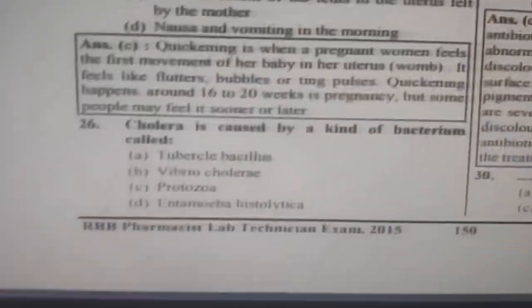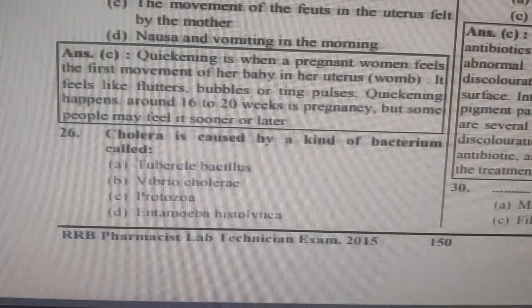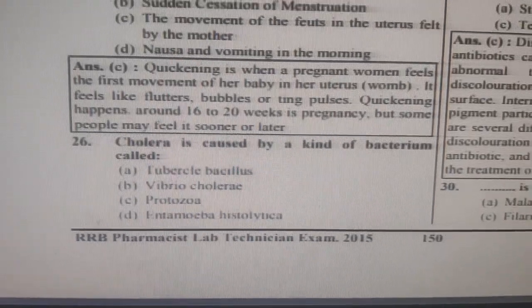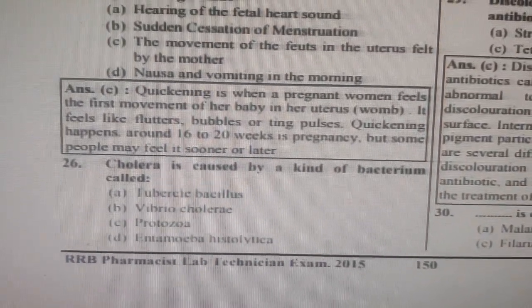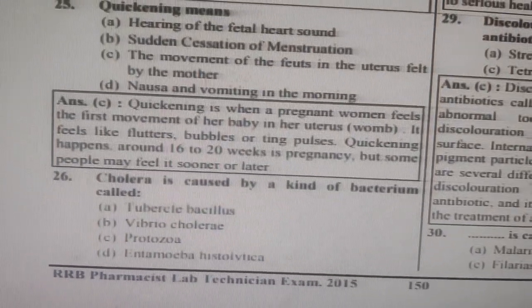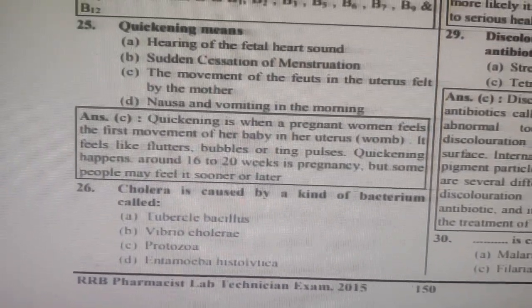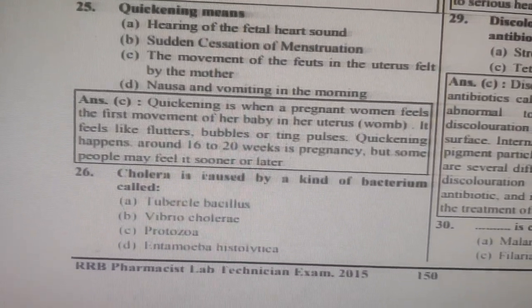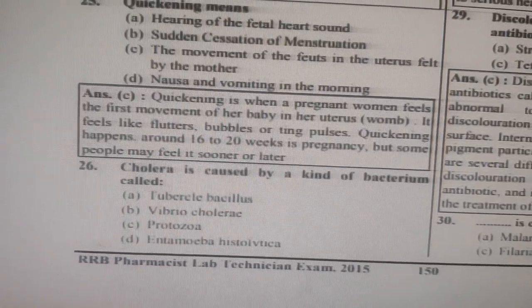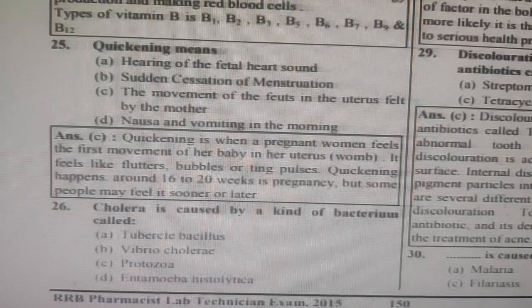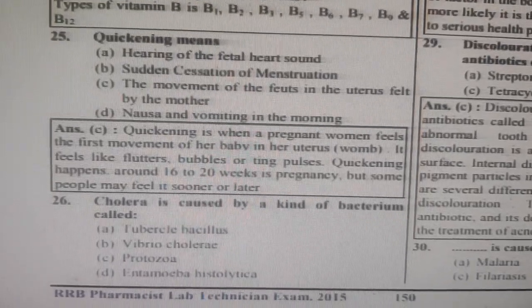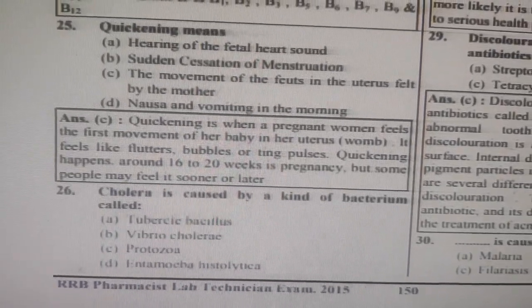26. Cholera is caused by a kind of bacterium called: option A, tuberculosis bacilli; option B, Vibrio cholerae; option C, protozoa; option D, Entamoeba histolytica. Option B is the right answer.